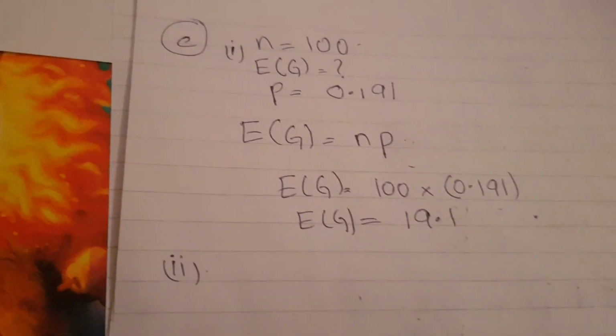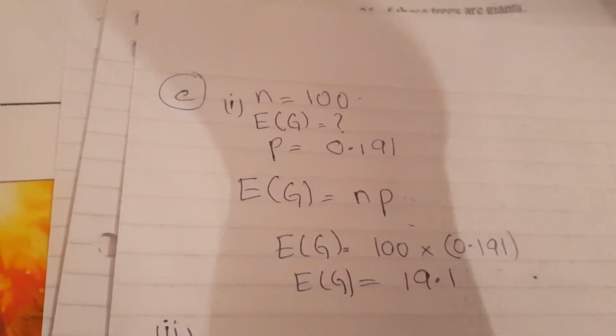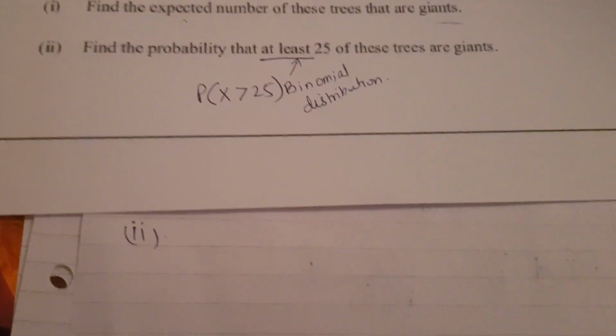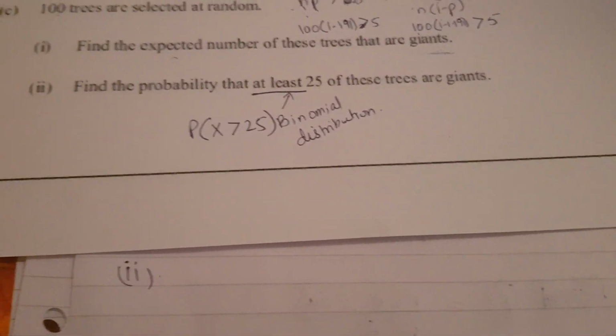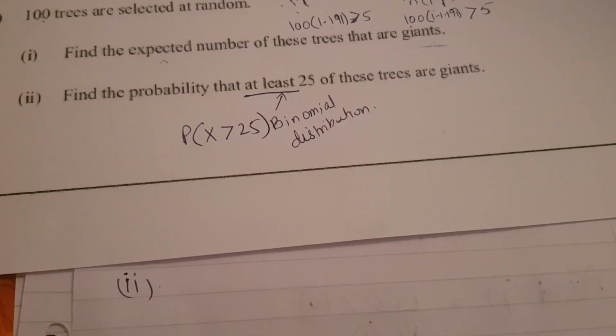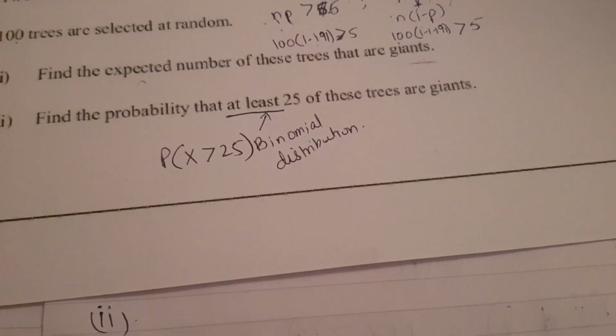Now let's see C2. Find the probability that at least 25 of these trees are giant. A very good catch in this question.